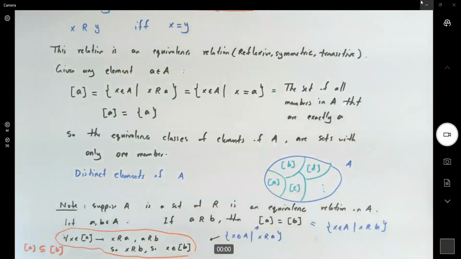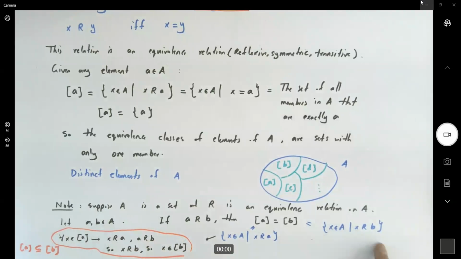The same argument here. If you take any member in this set, that member lands in the second set. For any X in the equivalence class of B, by definition, X is related to B. But you have an equivalence relation, am I right? This relation is an equivalence relation.